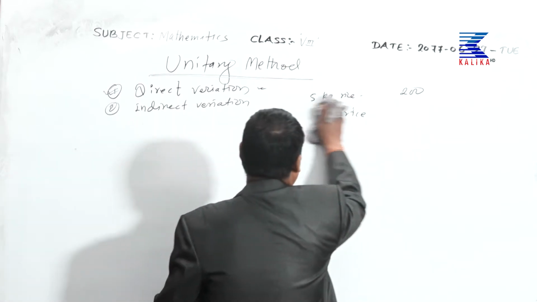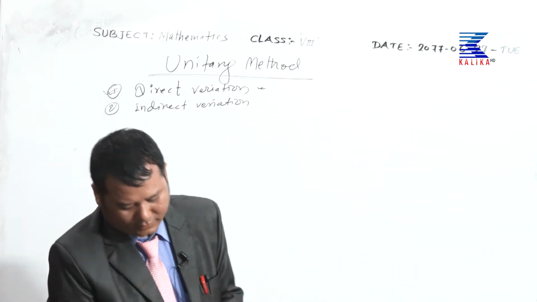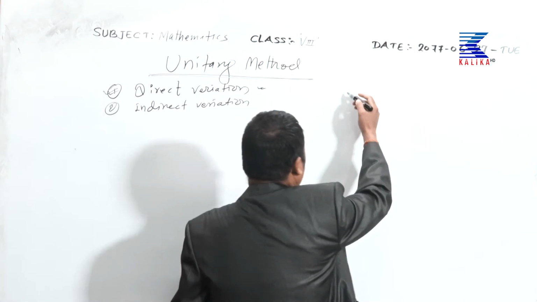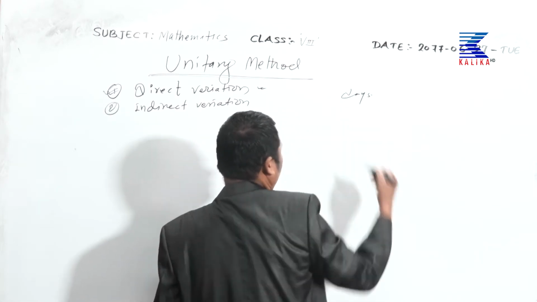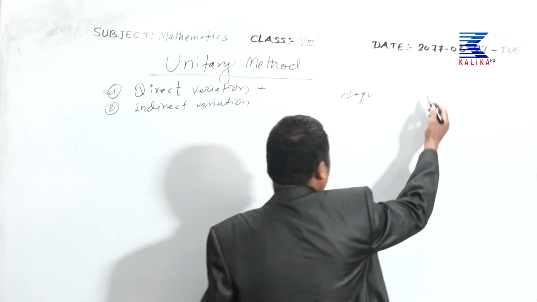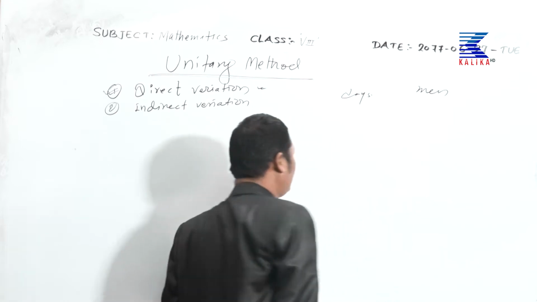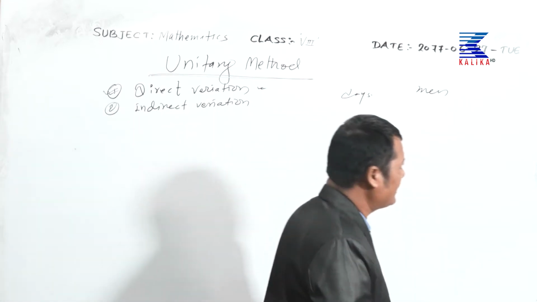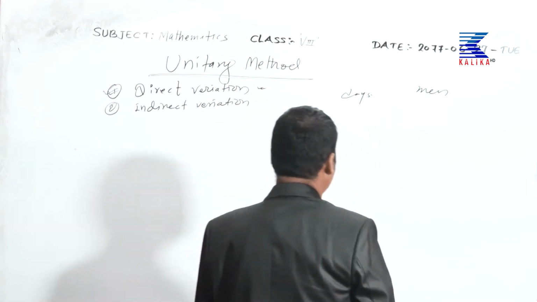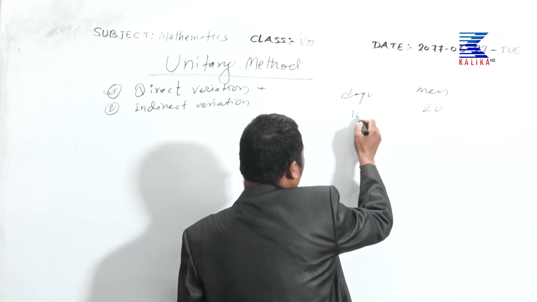And inverse is if days and men. Men increase and days decrease. 20 men have food for 10 days.